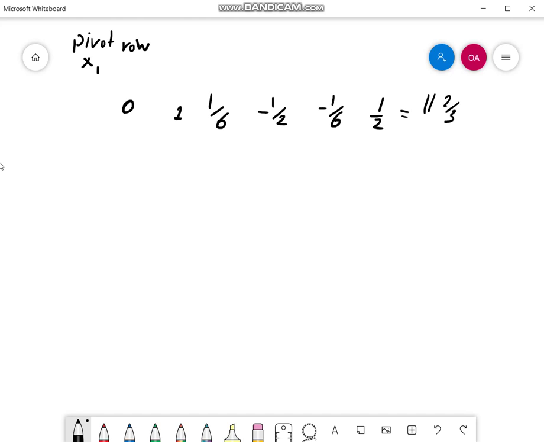So then I need to change some values. So I want to change x2 and also z.